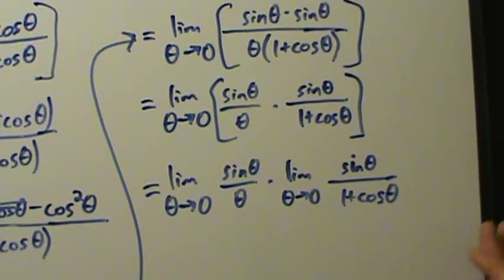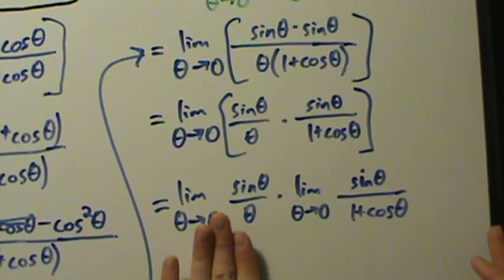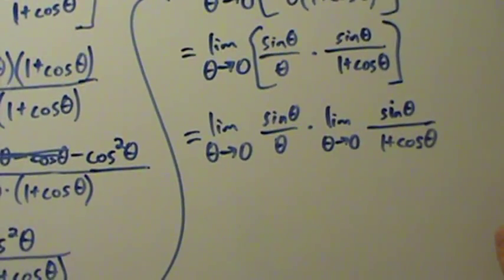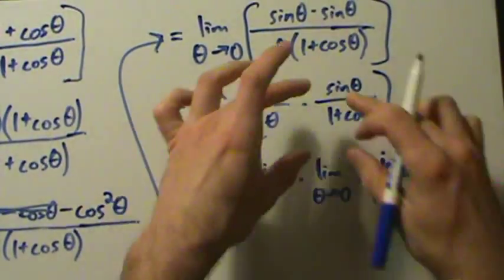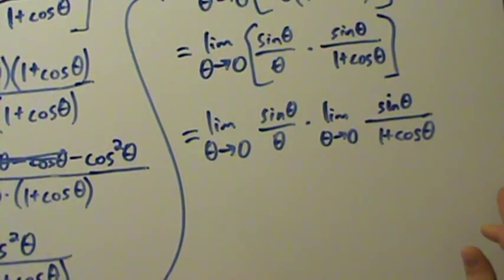In general we have to be careful, because this equality is only true if this limit exists and this limit exists. If both exist, then we can say this. The limit of a product is the product of the limits, as long as both of these limits exist.